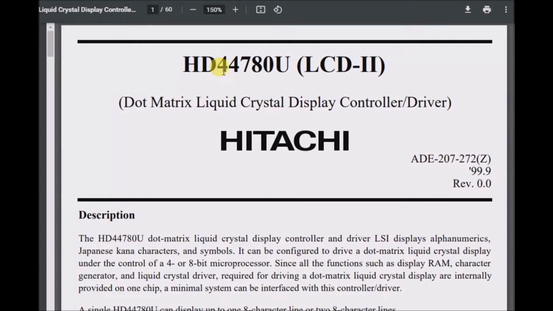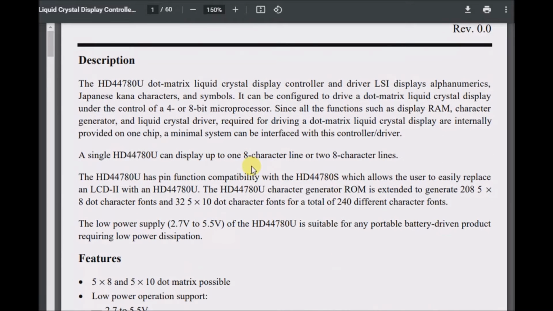HD44780U dot matrix liquid crystal display controller driver, Hitachi. Description: the HD44780U dot matrix liquid crystal display controller and driver LSI displays alphanumerics, Japanese kana characters, and symbols. It can be configured to drive a dot matrix liquid crystal display under the control of a 4 or 8-bit microprocessor.